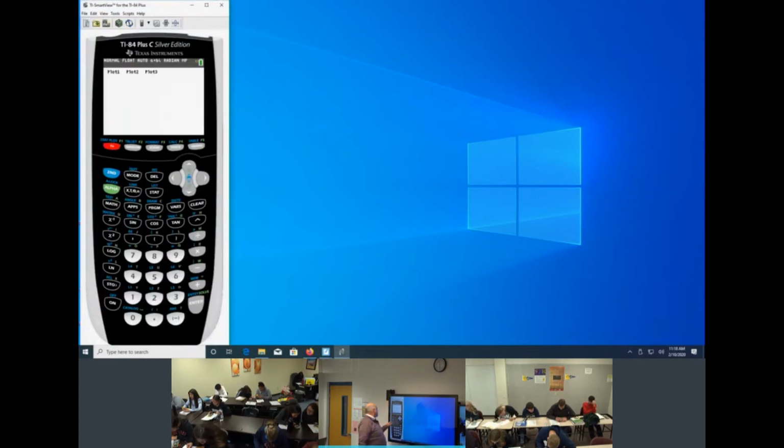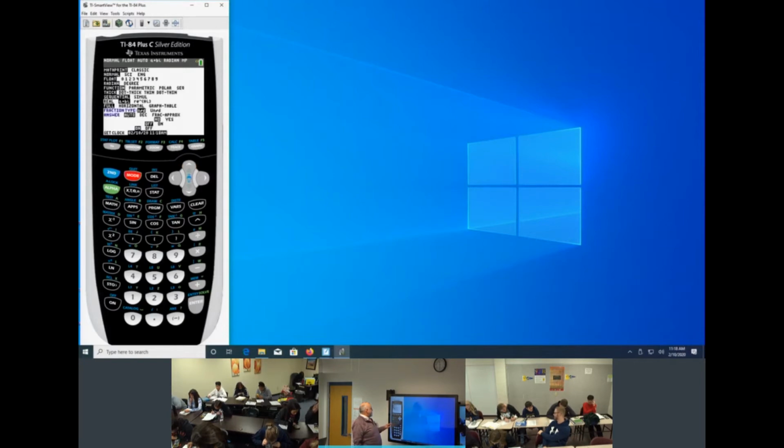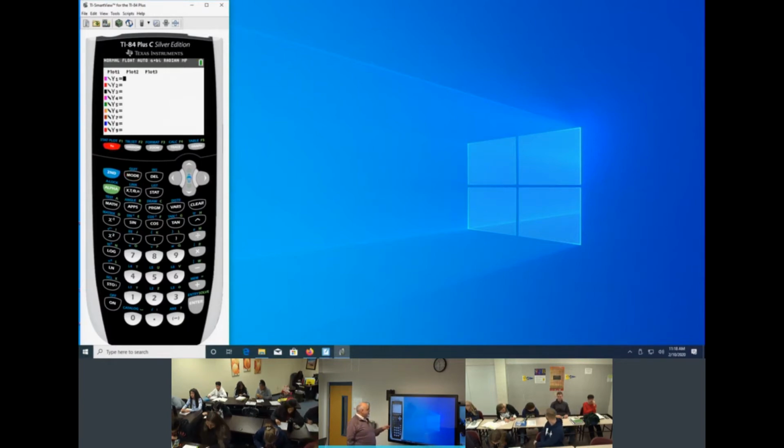Okay? So let's clear all this out. Make sure I'm in the right mode. Okay. All right, so then I do the y equals, and to do inverse tangent, that's above the tangent in blue, so you do second, inverse tangent of x, and then graph.